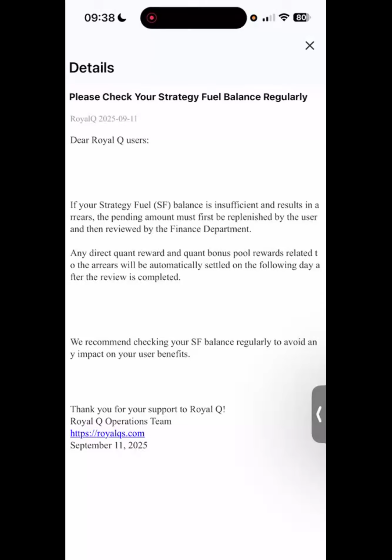Any direct quant reward and quant bonus pool rewards related to the arrears will be automatically settled on the following day after the review is completed. We recommend checking your SF balance regularly to avoid any impact on your user benefits. So I'm going to show you in a jiffy where the strategy fuel is, where you can find it. Okay. So that is the latest announcement here.